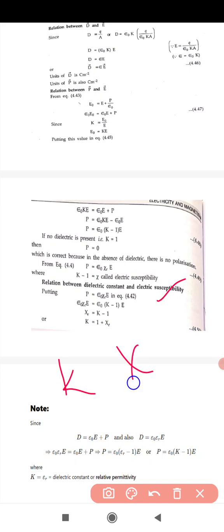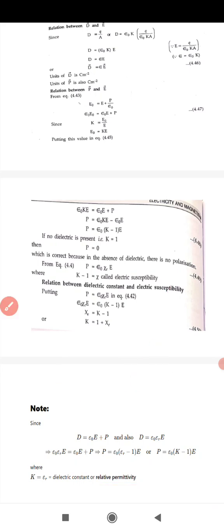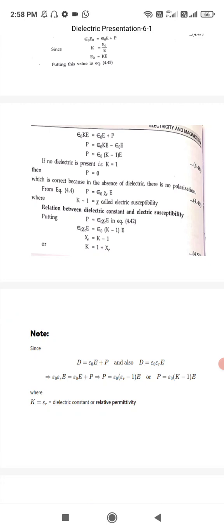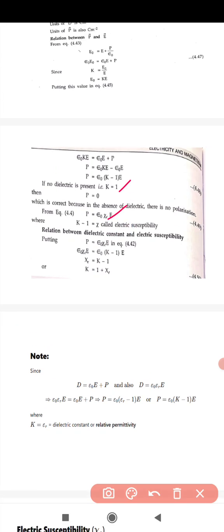For the K and chi E relationship, we know that P is equal to epsilon naught into chi E into E. Substituting, epsilon naught into chi E into E is equal to epsilon naught into K minus 1 into E. Here epsilon naught into E gets cancelled on both sides.